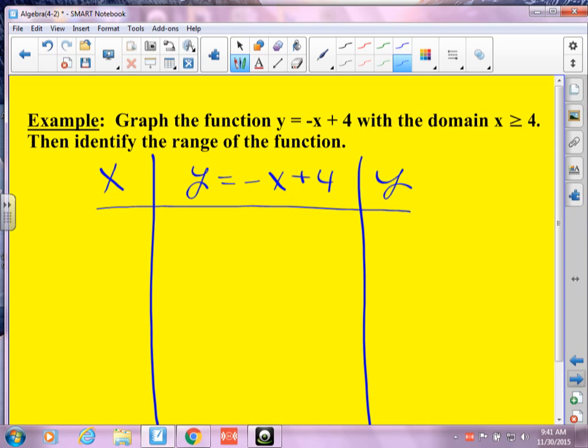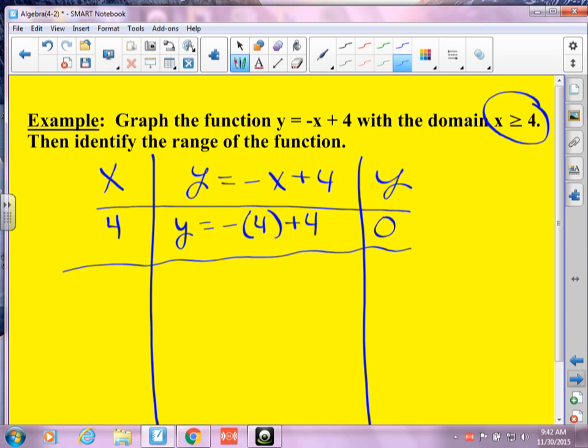Okay. Now, what numbers do I plug in? What do I start with? Yes. 4. Okay. I get it because it's right here. It's the number that's listed. So I'm going to go 4. Now what should I choose?